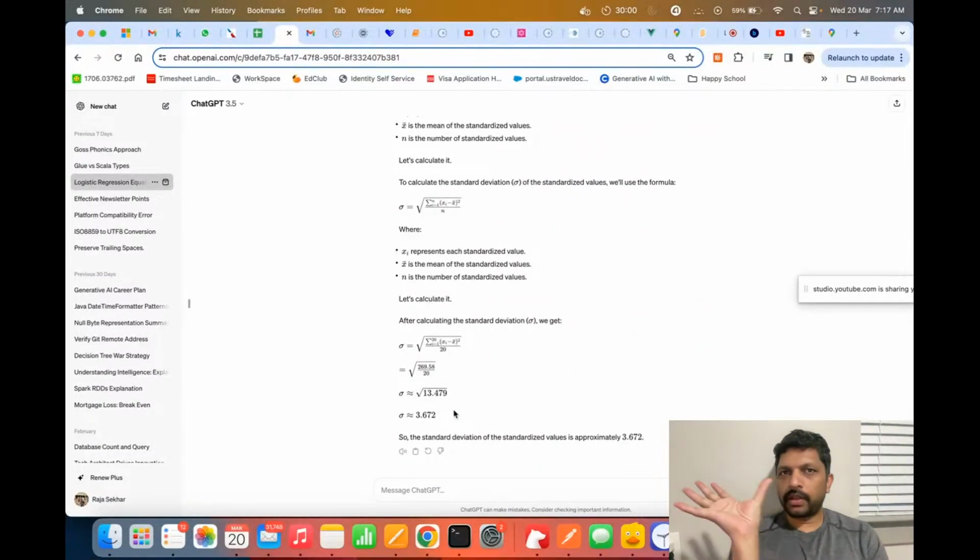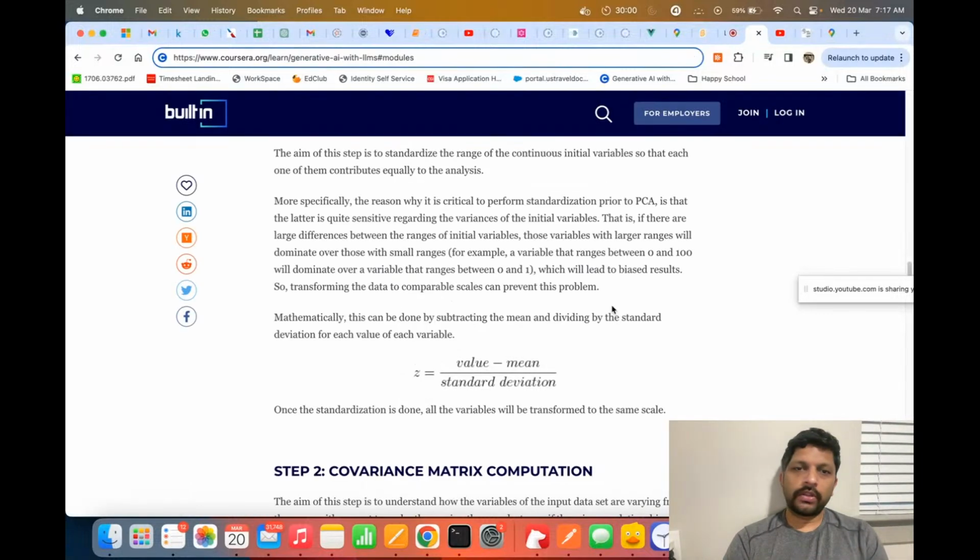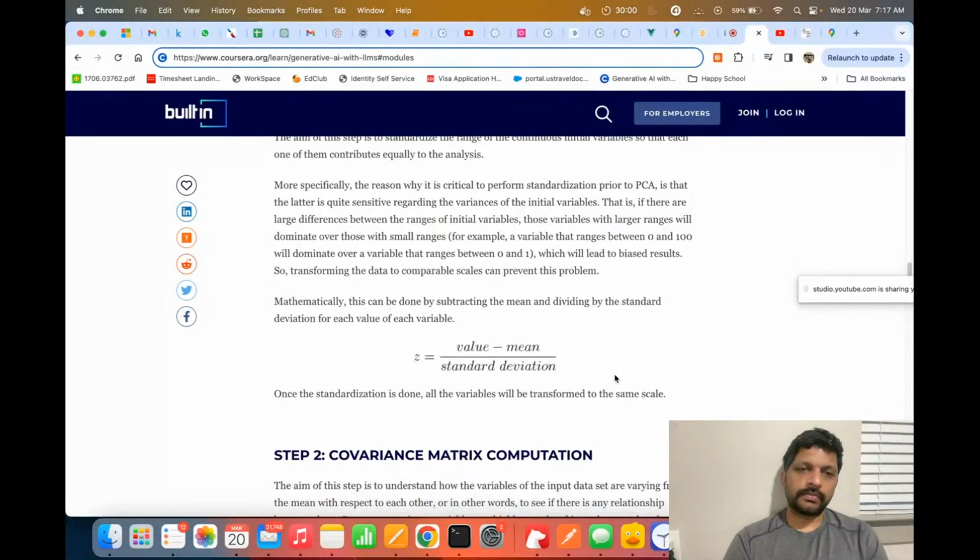That means we've reduced the spread of the numbers related to the mean. So we're not making it the same for all the features. For all the features, the standard deviation will be different. But what we're doing is, instead of having a high range of numbers, we are minimizing it. Okay.